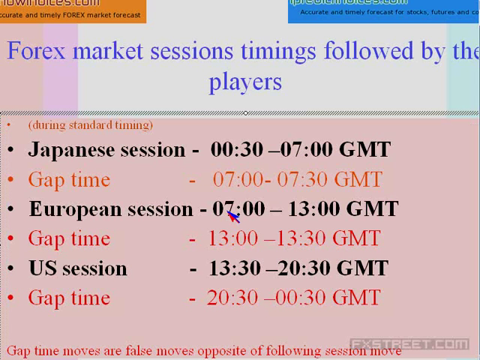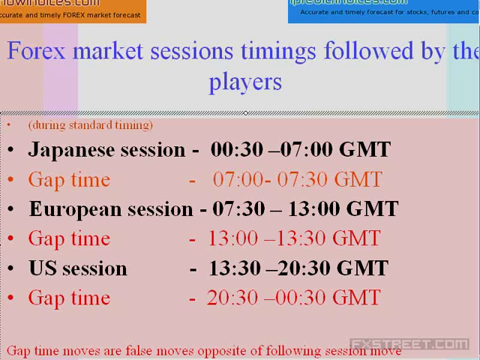Then the European session starts by 7:30 GMT and lasts till 13 GMT. And the gap time is 13 to 13:30 GMT. US session is from 13:30 GMT to 20:30 GMT. Then there is about 4 hours gap time of 20:30 to 0030 GMT next day.